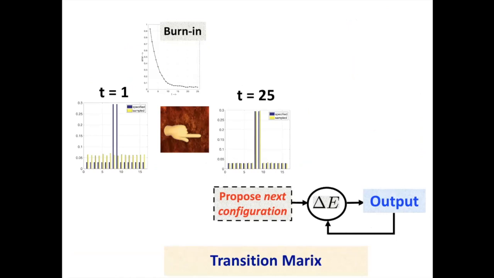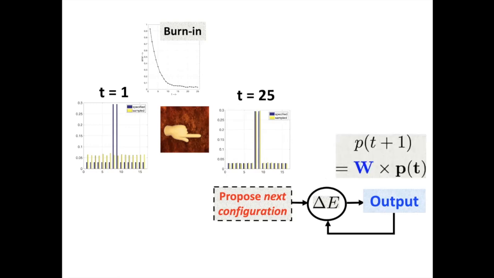So I mentioned earlier that when you start from some guess and you let this thing run, after some time, it goes to the stationary distribution. Now, one way to think about it is that every time you go through this, the probability distribution gets multiplied by this transition matrix.